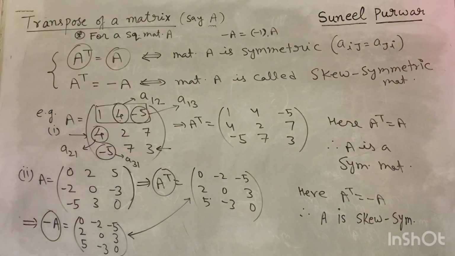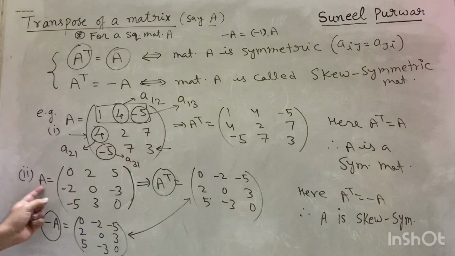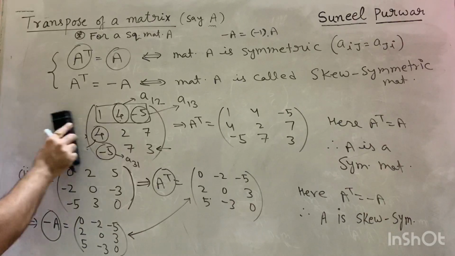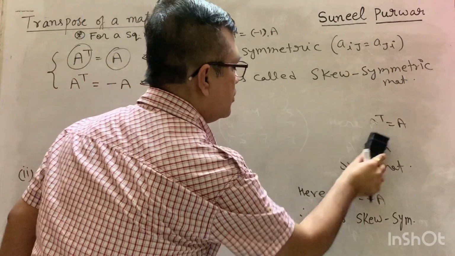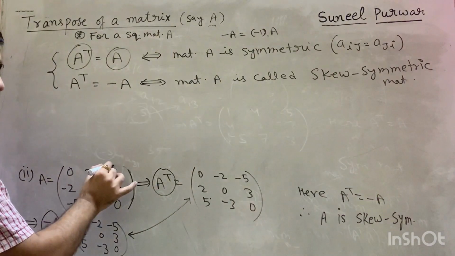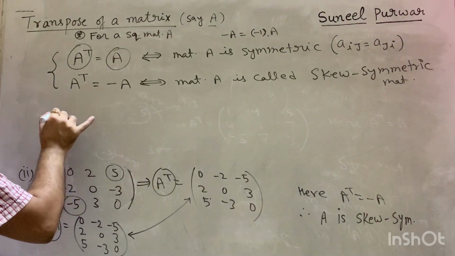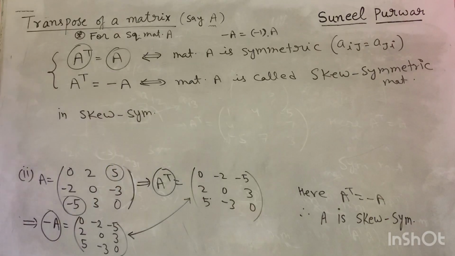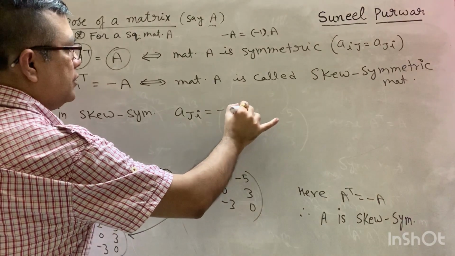On the other hand, try to identify a similar trend for a skew symmetric matrix. So in a skew symmetric matrix, what you notice? This is 5 and this is exactly opposite of that. So in a skew symmetric matrix, Aji will be equal to minus of Aij.